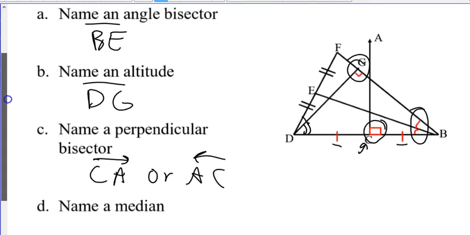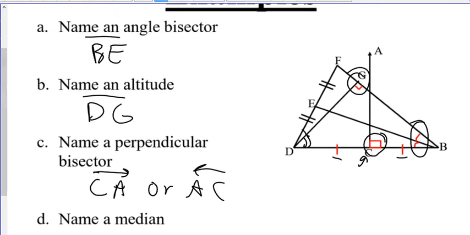And a median. Remember, a median must come from a vertex. So from B, well, let's check D. D goes to G. That is clearly not a bisector. That green is way longer than blue.